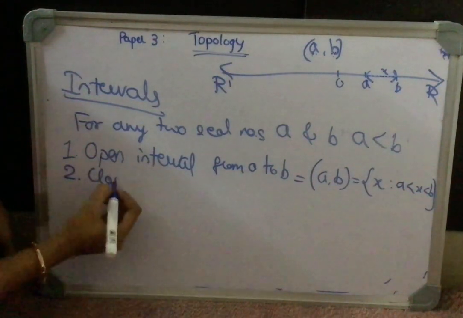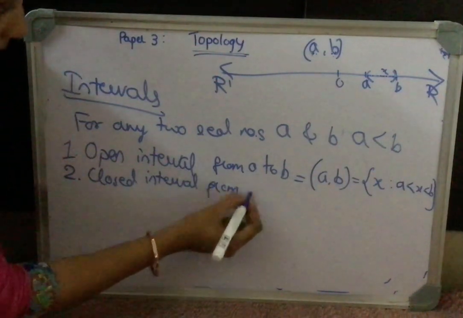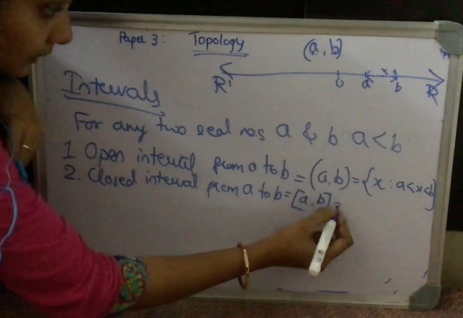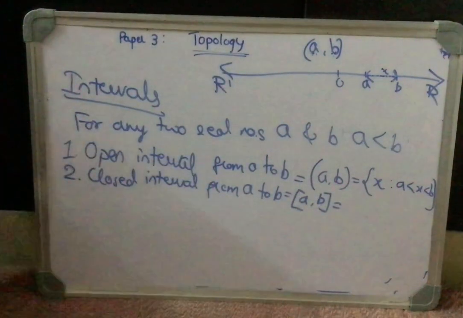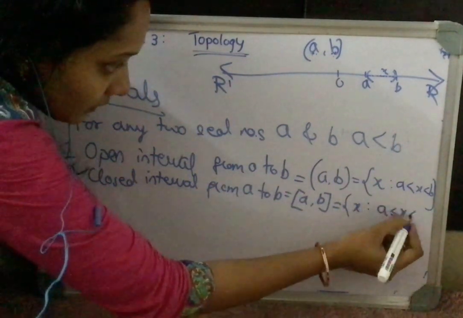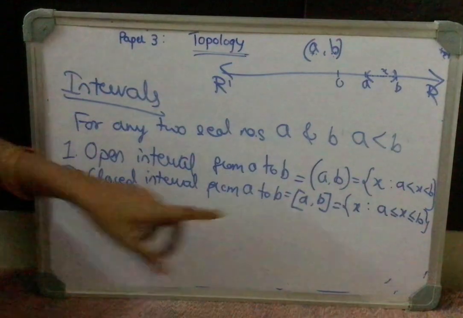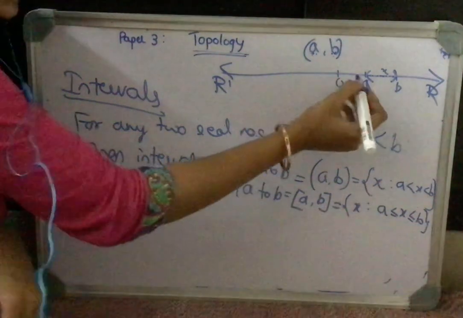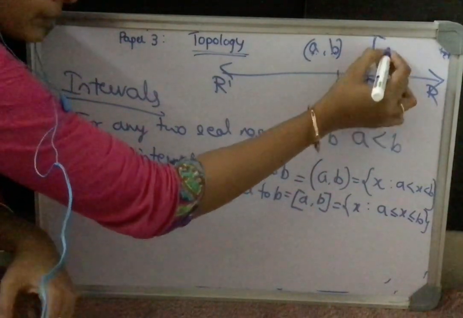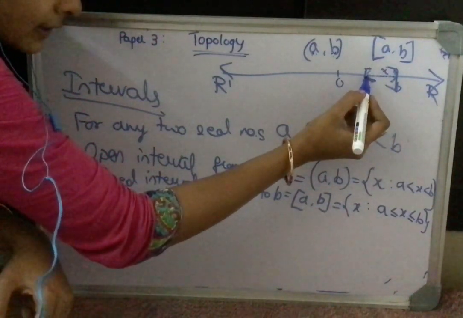Next is the closed interval from A to B, which is denoted by the square bracket. So these are the elements in the region in the interval A and B. Including A and B here, with the square bracket, that is a closed interval.